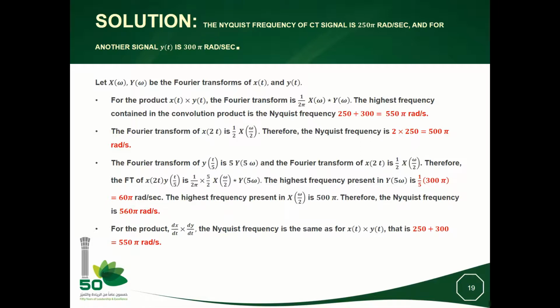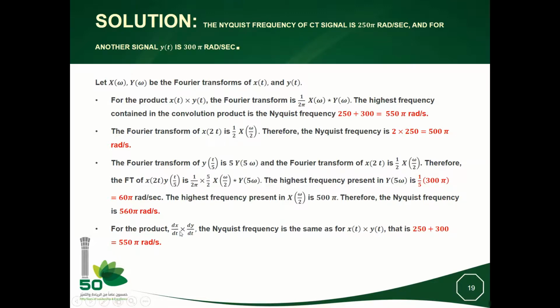The last item of this problem is asking for the Nyquist frequency when we multiply the first derivative of x by the first derivative of y. We know that the Fourier transform of the derivative dx/dt is jωX(ω). And the Fourier transform of dy/dt is jωY(ω). Okay?